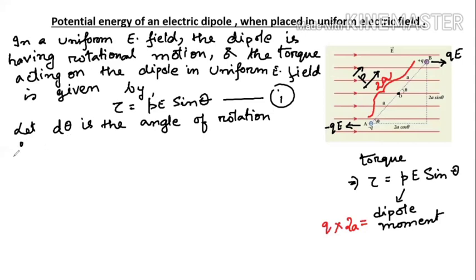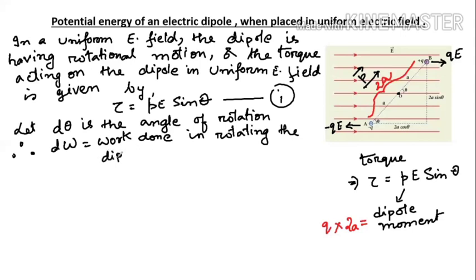Therefore, work done dW is the work done in rotating the dipole by angle d theta.